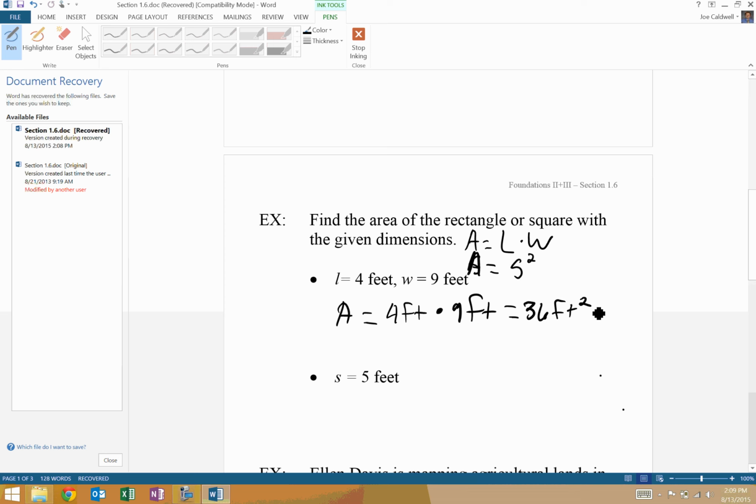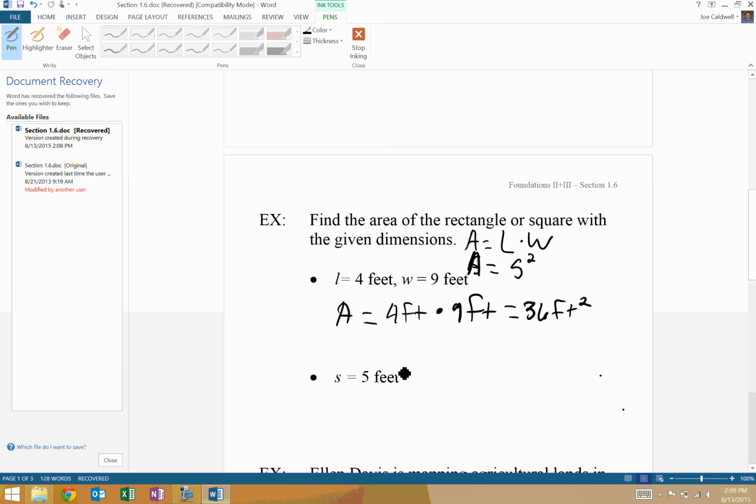All area units have to be square units, because what we're doing is we're not only multiplying the numbers by each other to get 36, we're also multiplying the units by each other. So something times itself could be written as feet squared. So all area units have to be written as square units.